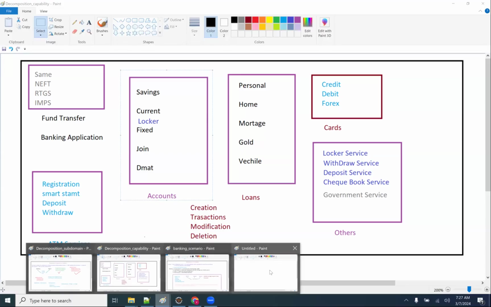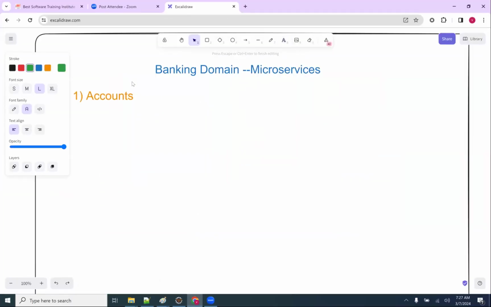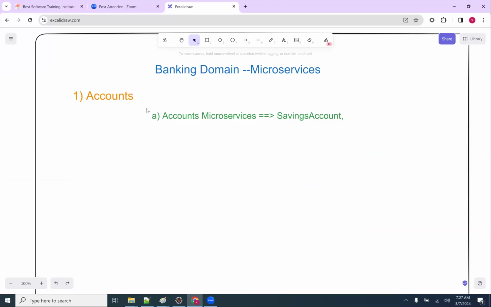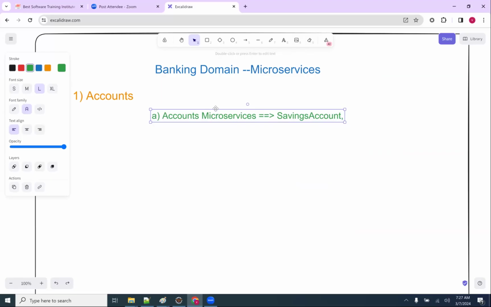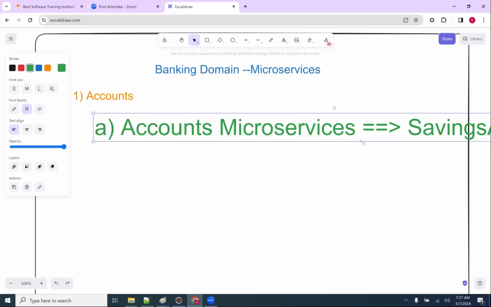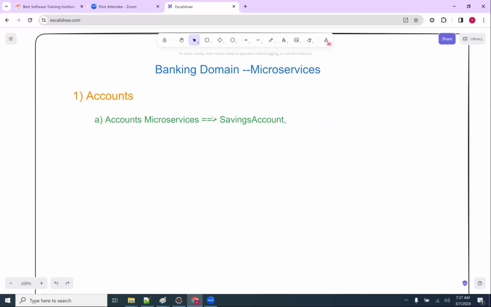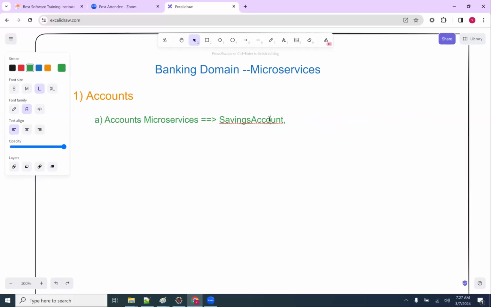In my perspective, inside the account service, one microservice, the account microservice has an internal capability of savings account, current account, as well as fixed deposit.